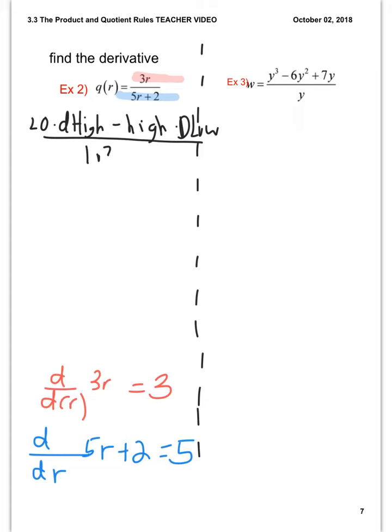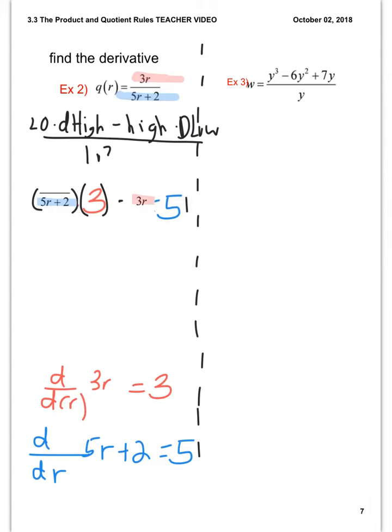So we would take the lower function, which is 5r plus 2. So low times the derivative of the high, which we have down in here in red, which we said was 3. So low d high, I'm going to put those in parentheses just so we know that they are being multiplied. Low times the derivative of the top, and then we have to subtract the higher function, which is just 3r, and then we would multiply that times the derivative of the low, which we know was just 5.